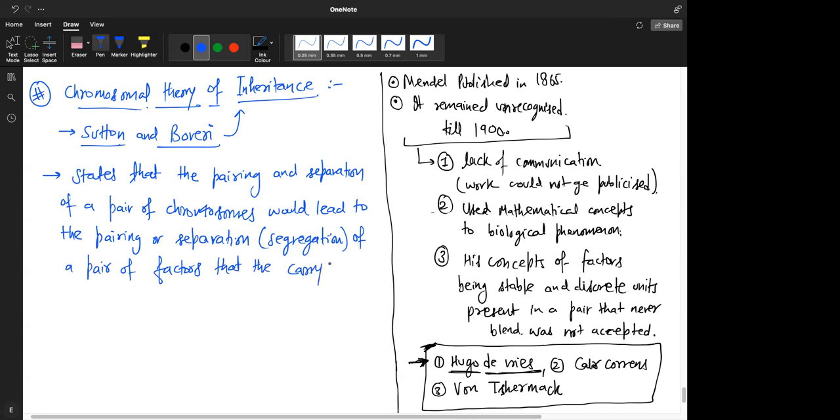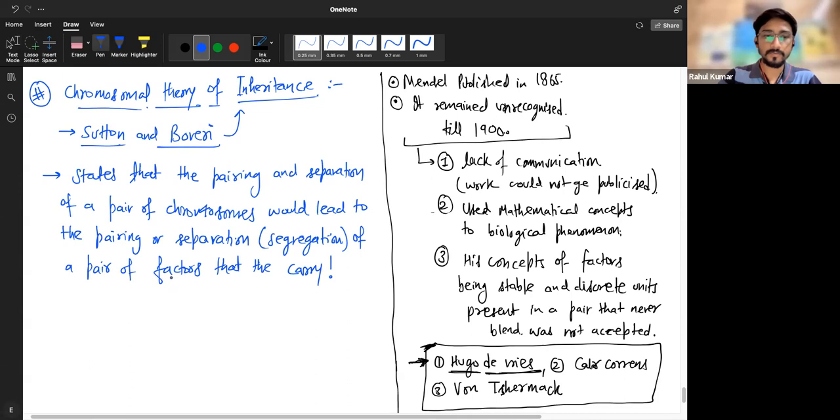So now we use genes, not factors. Factors are genes now, but at that time, when Mendel said it, this is just a validation. It is to validate that what Mendel did was indeed correct.